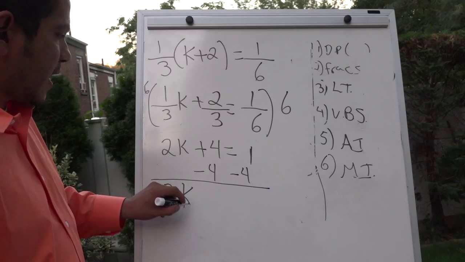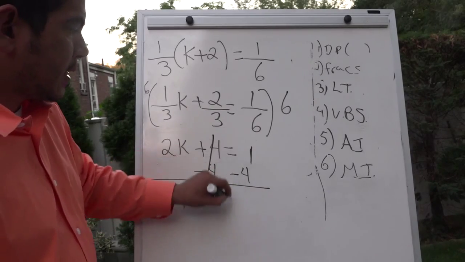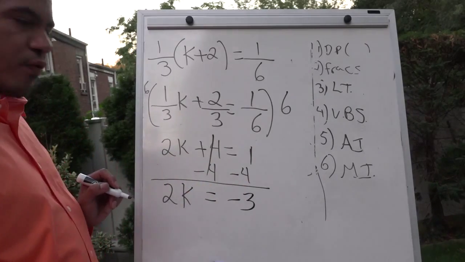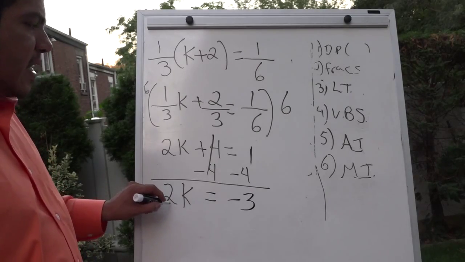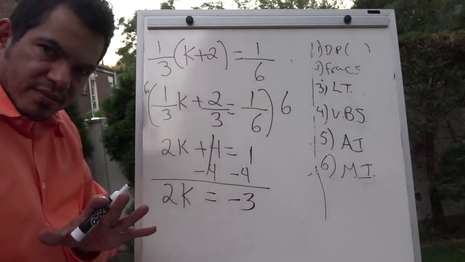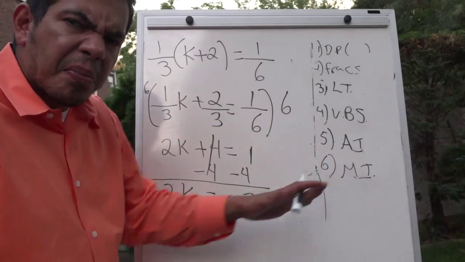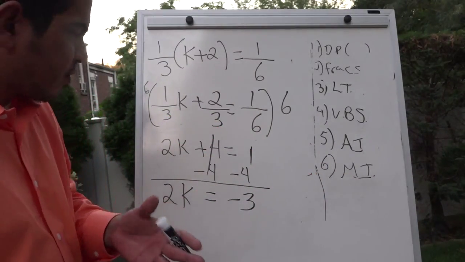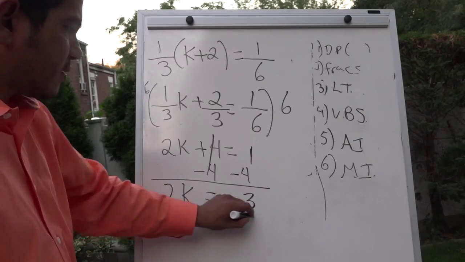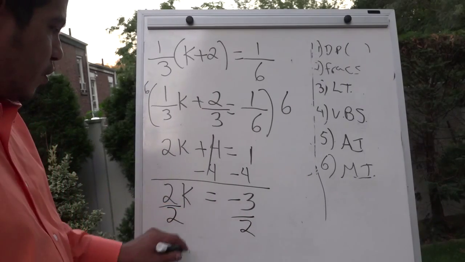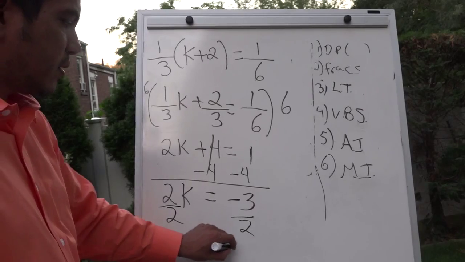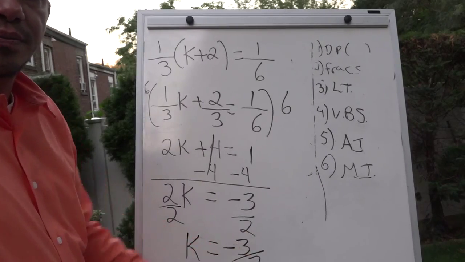So 2k. 1 minus 4 is -3. And this time, since I've been doing the multiplicative inverse, we already know that's what we're gonna use, but I'm gonna be lenient, I'm gonna be flexible. So divide by 2 on both sides. So your answer is k equals -3 over 2.